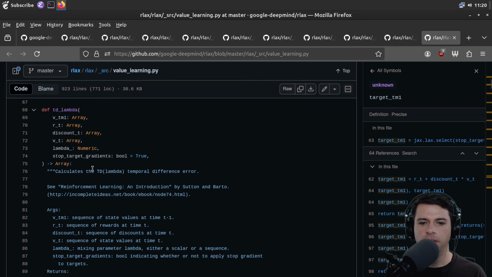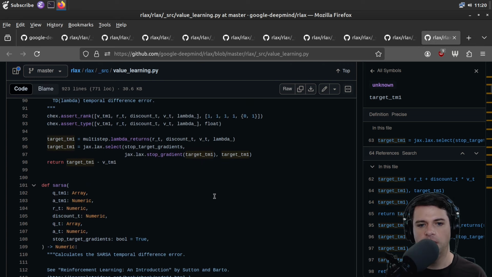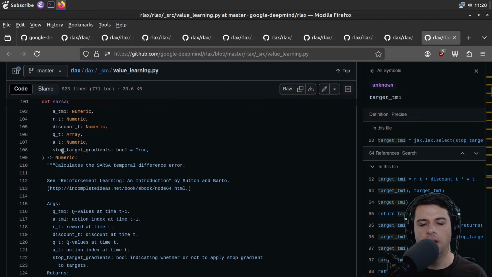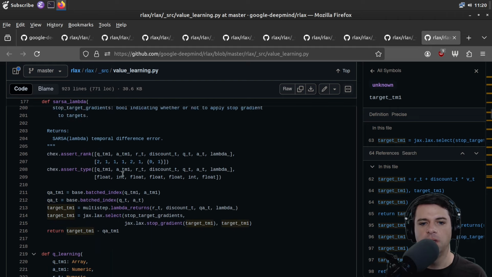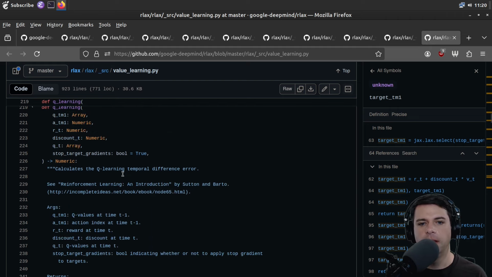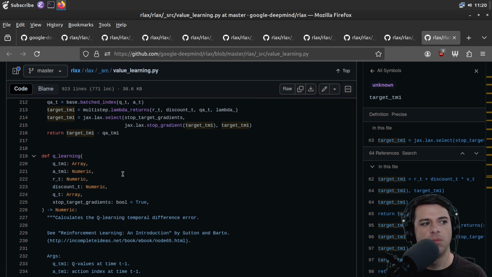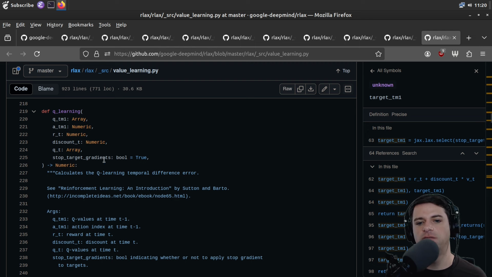Here's TD lambda, the TD lambda temporal difference error. And that's some other paper. And these are all probably related to different papers. And I think this is like a monster of the week style, just different implementations of different algorithms. So here's Q learning, which I think is a kind of standard base case sort of thing.